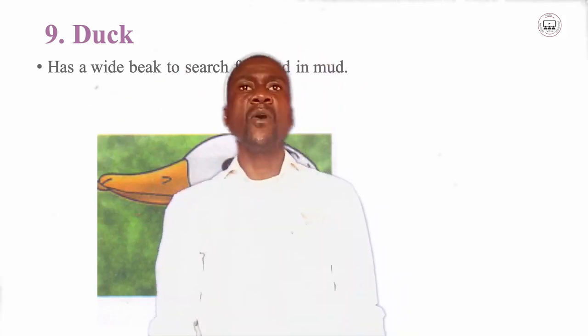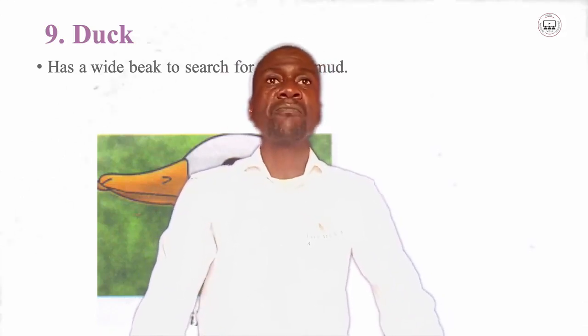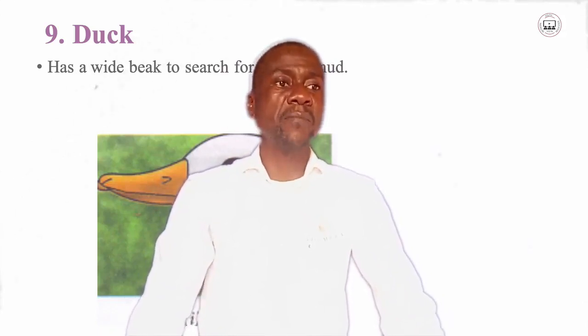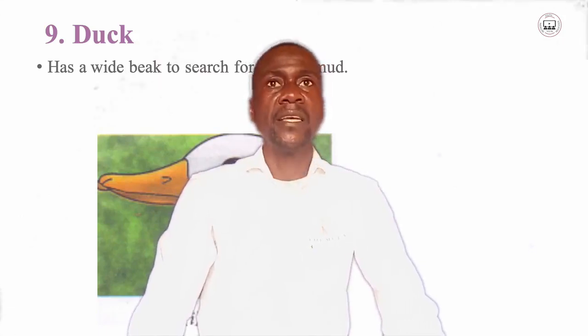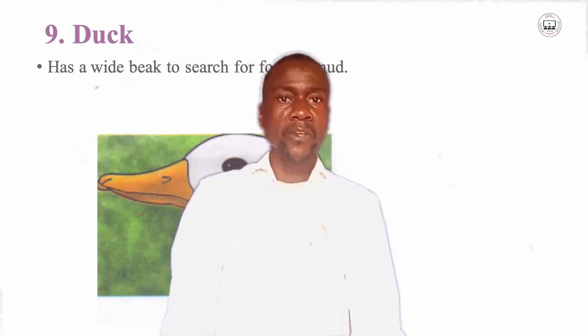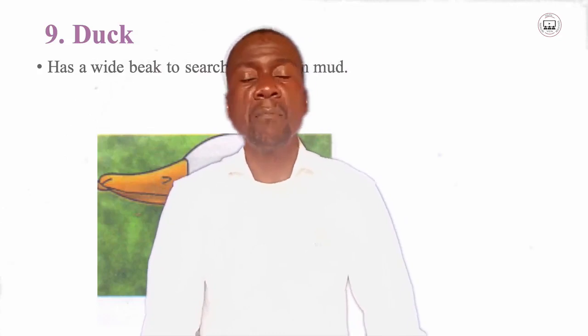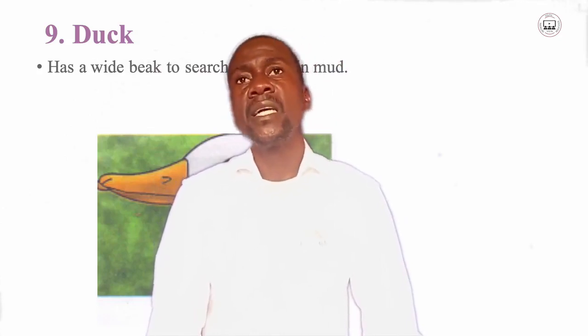So these are some examples of birds with different kinds of beaks, and those beaks determine the type of animals they are. Some have beaks which allow them to eat other animals or other birds, while others have beaks which allow them to eat plants or products from plants, and others have beaks which allow them to eat both plants and animals.